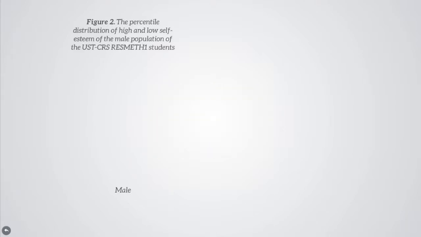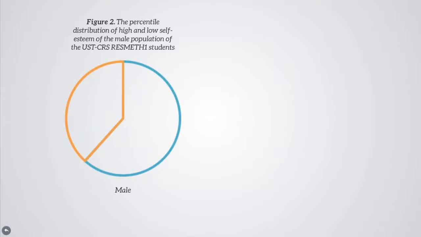themselves. Figure 2 shows the percentile distribution of high and low self-esteem of the male population of UST CRS ResMeth 1 students. The blue portion represents the high self-esteem and the orange portion low self-esteem. The male population with a percentage of 38.36% reflects low self-esteem, and a percentage of 61.64% reflects high self-esteem.